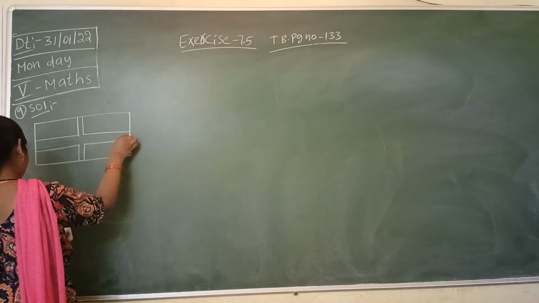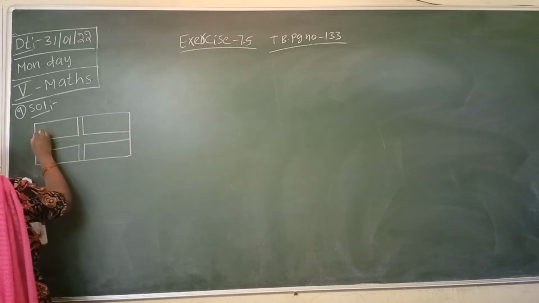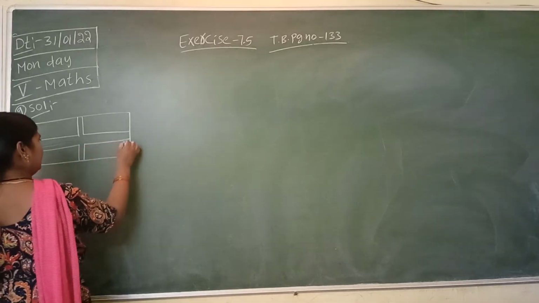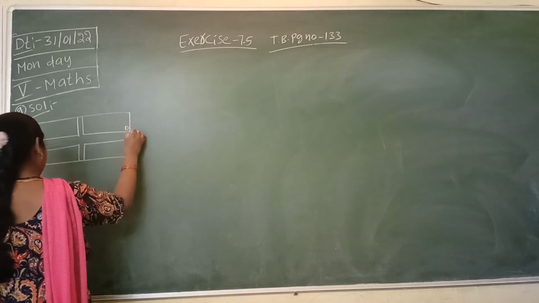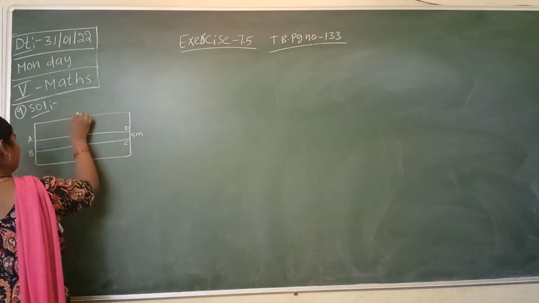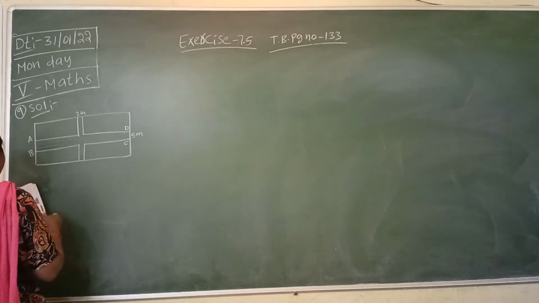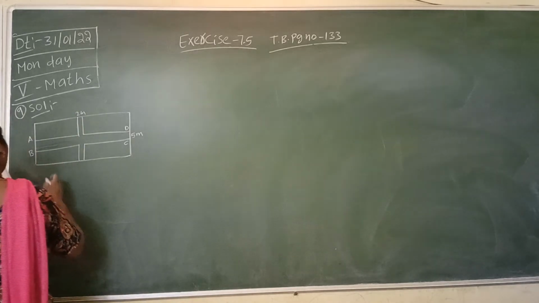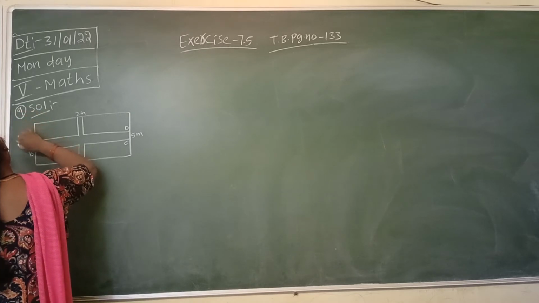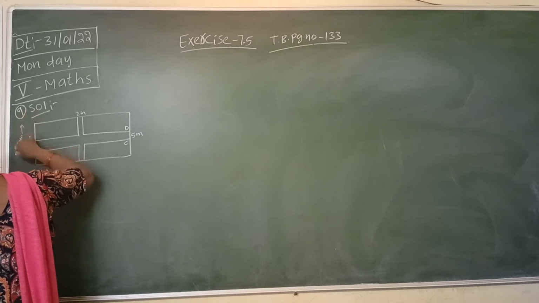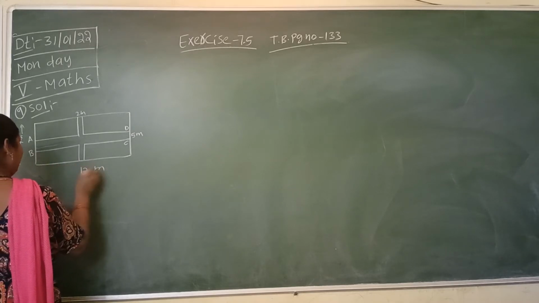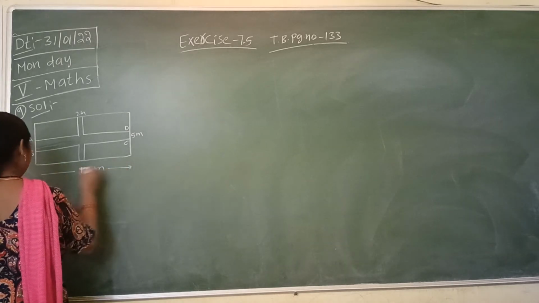Now write down the names of this: A, B, C, D. This one is 5 meters breadth and this one is 2 meters wide. And here in total they gave A to B, here 9 meters. And here they gave 12 meters, here to here.